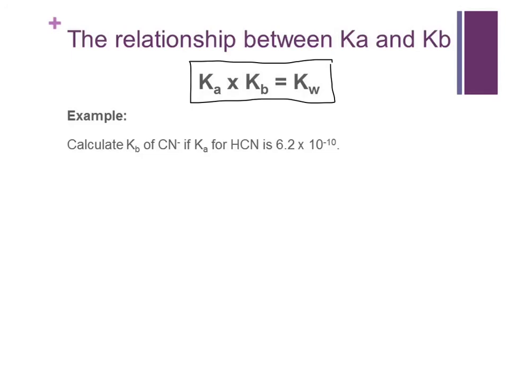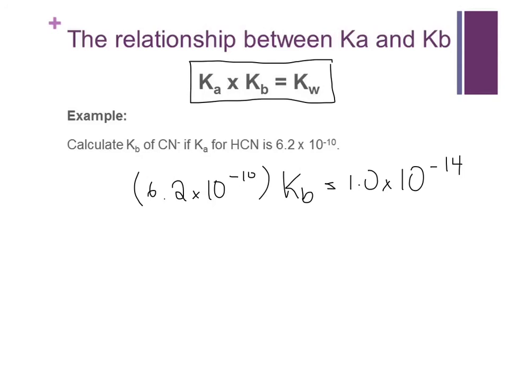All we are going to do is plug those numbers that we know into the above equation. So we're trying to find Kb, and we know Kw, it's always 1.0 times 10 to the negative 14. If we solve for Kb, that is going to give us a Kb of 1.6 times 10 to the negative 5.